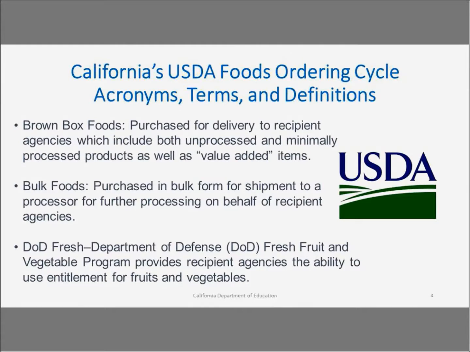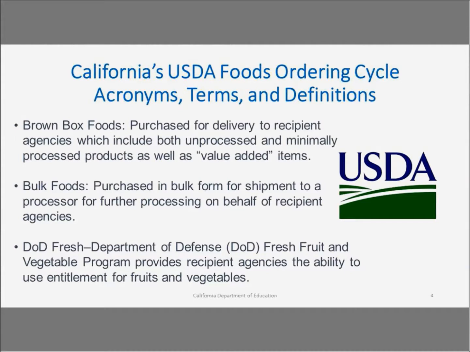Value-added products would include items like turkey taco meat, roasted chicken pieces, sliced cheese, and frozen fruit cups. Bulk foods are items purchased in bulk form for shipment to a processor for further processing on behalf of recipient agencies. Items include chilled chicken and turkey, coarse ground beef, and similar items that are used in making finished end products for recipient agencies.